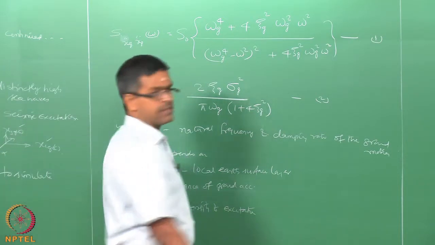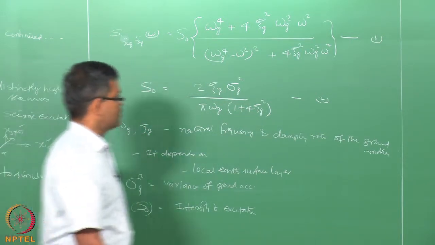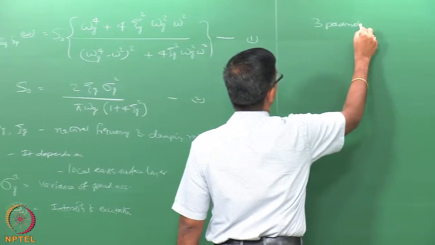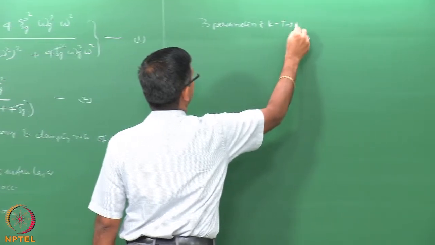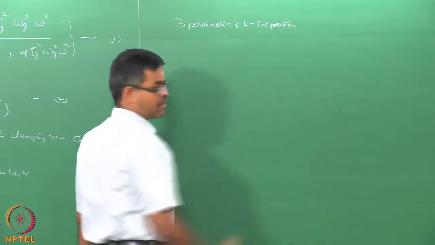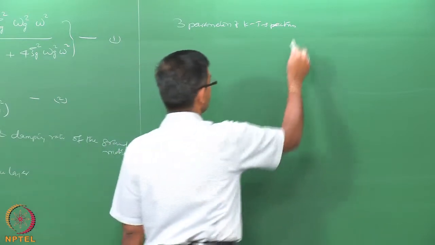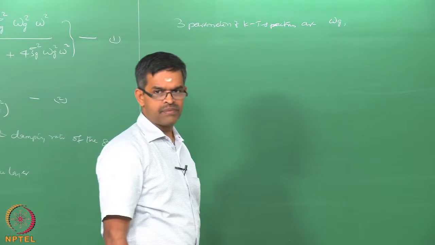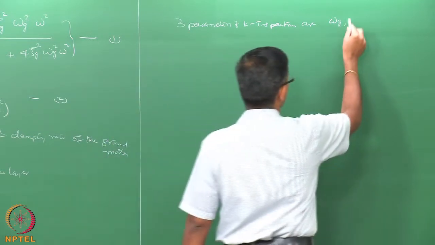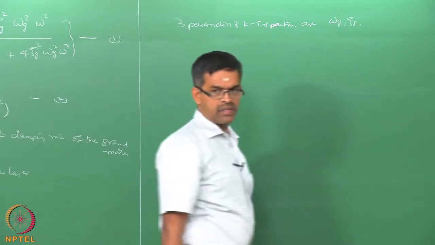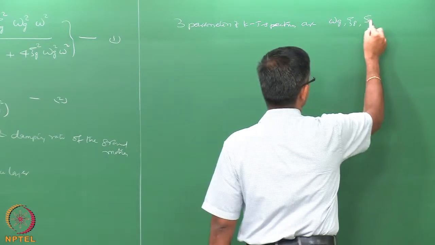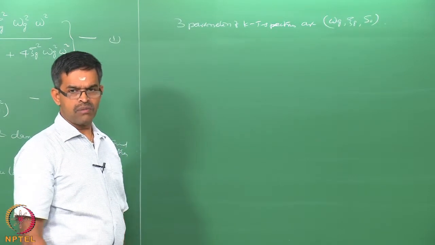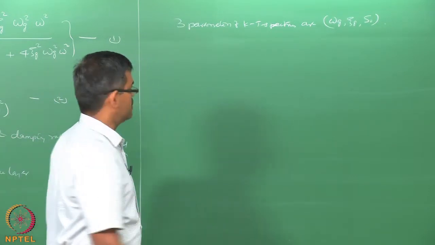So, there are three parameters of the KT spectrum, that is the Kanai-Tajimi power spectrum: omega g, the frequency of ground excitation, the damping of the ground excitation, and of course, the intensity S naught. Now, to simulate this, you need to estimate these.